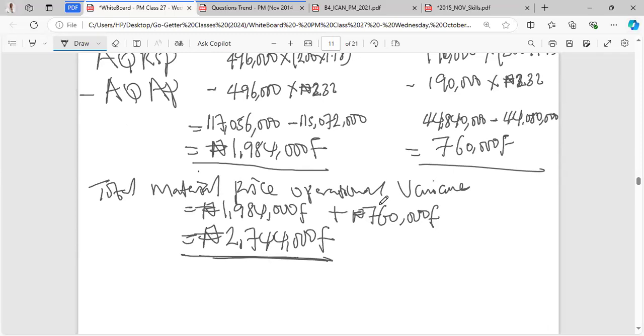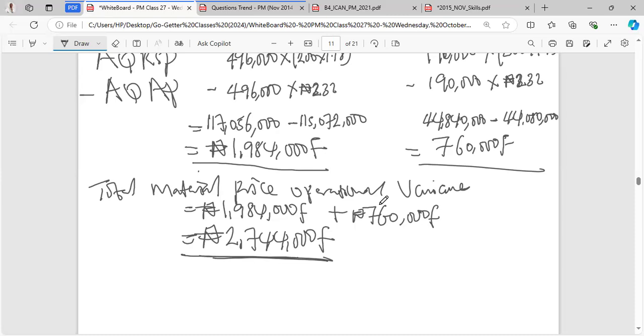It has a favorable variance, but we just hope that he didn't buy substandard quality of products, because if they buy substandard quality, it may require wastage and the usage variance may be adverse, operational usage may be adverse.